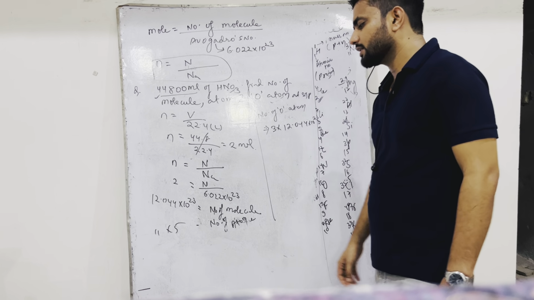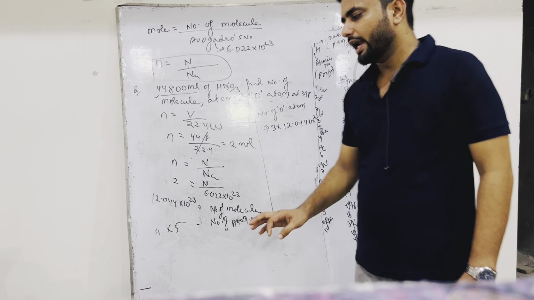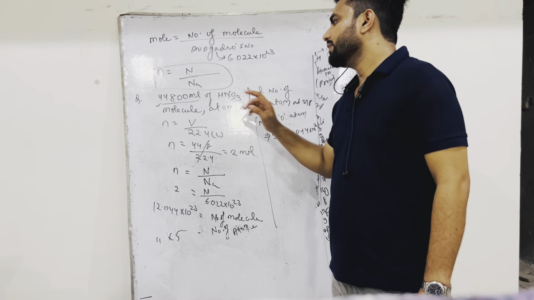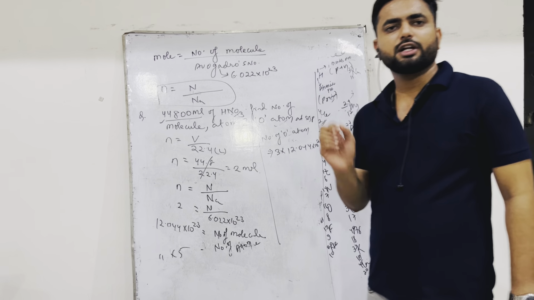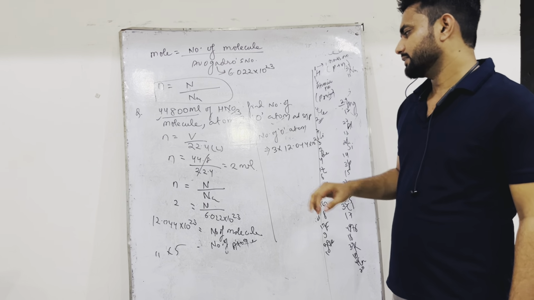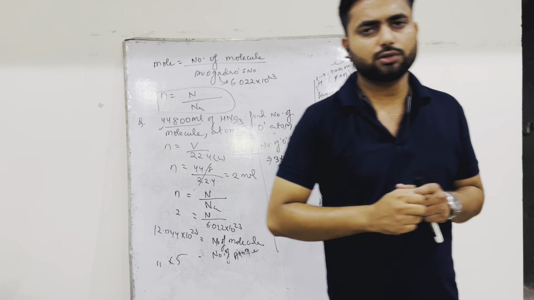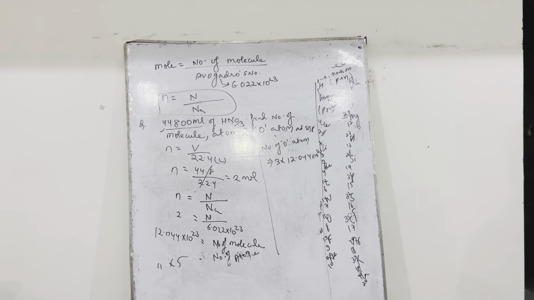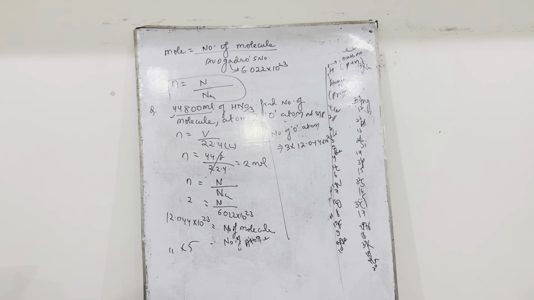After multiplying by 6.022 into 10 to the power 23, we will get the number of molecules. In each molecule there are 5 atoms, so we multiply it by 5. And for oxygen atoms, in one molecule there are 3 atoms, that is 3 into 12.044 into 10 to the power 23. Okay, now we will solve a question of NEET.